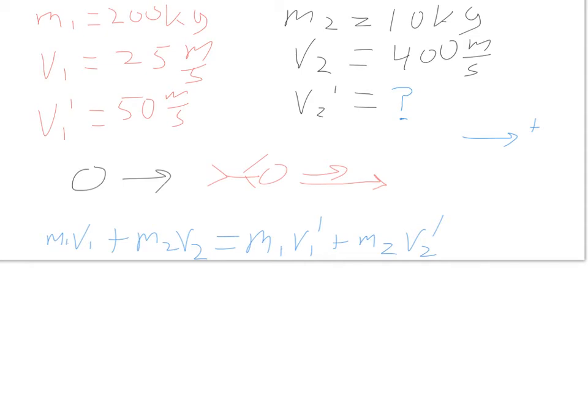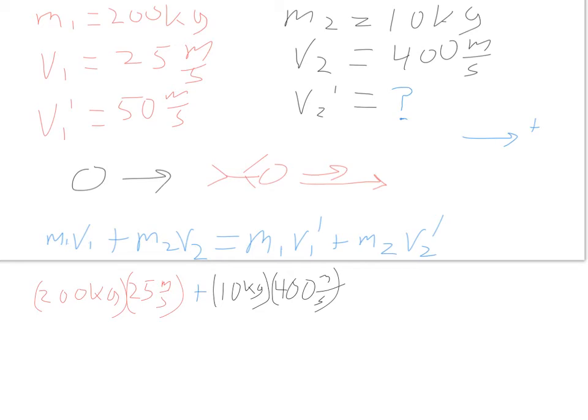All right, so let's go ahead and sub in for our given information. Radioactive man, 200 kilograms, flying along here at 25 meters per second. Then we've got the cannonball, which has a mass of 10 kilograms, going along at 400 meters per second. So there's our before.